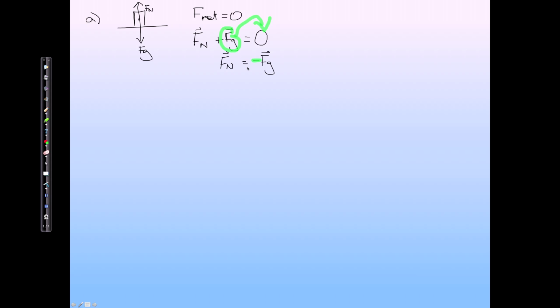When you're talking about vectors, the negative only refers to direction. It's not a negative force, it's not imploding or anything. It's just that Fn, the normal force, is opposite in direction to the gravitational force. However, they are equal in magnitude. So, if we figure out Fg, Fn will be equal to that in magnitude, opposite in direction. We can see that they're opposite in direction over here.